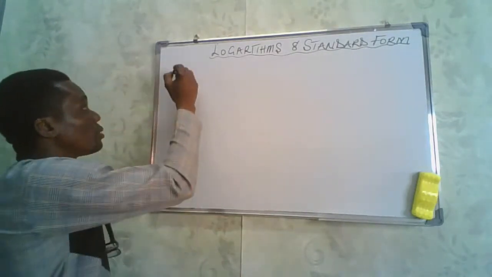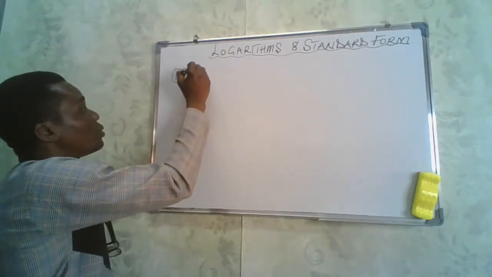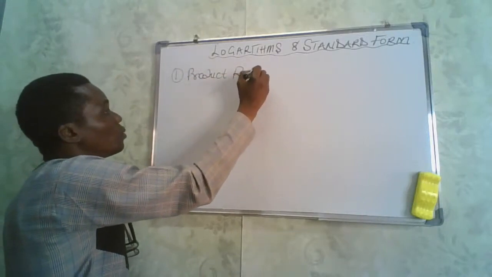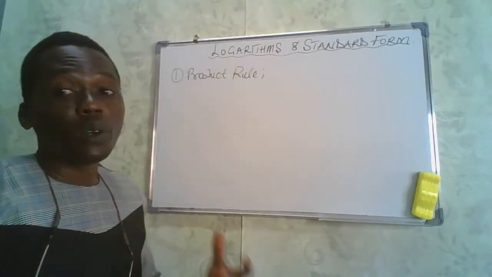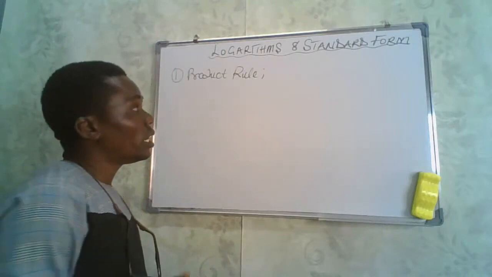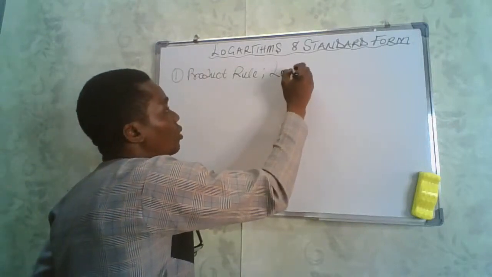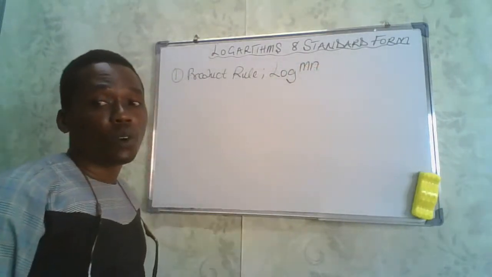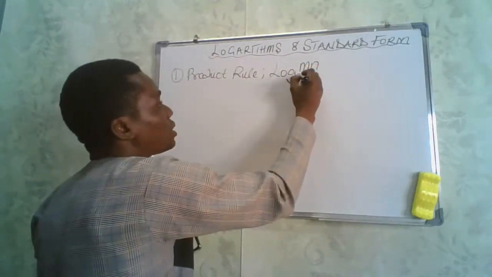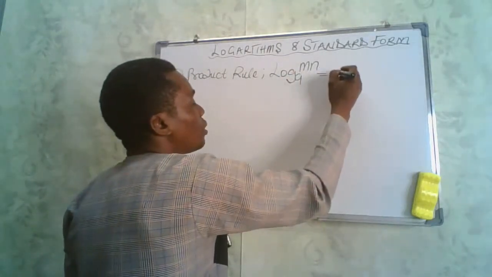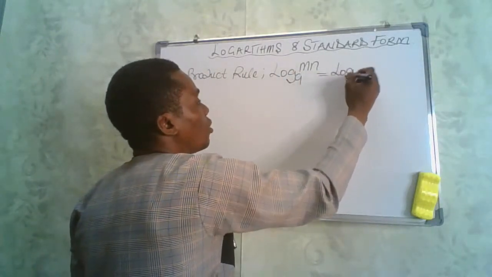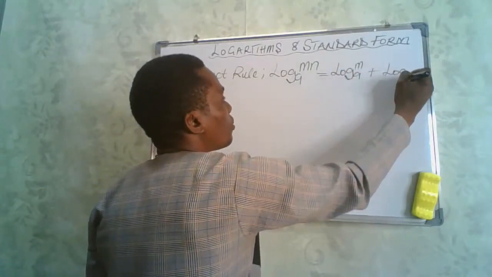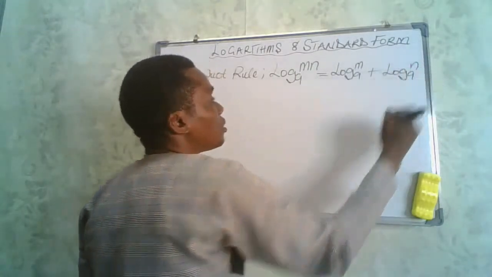The first one you should be familiar with is the product rule. Now, what is it about the product rule in log? When you have the log of m multiplied by n to base a, according to the product rule, this will be the log of m to base a plus the log of n to base a.